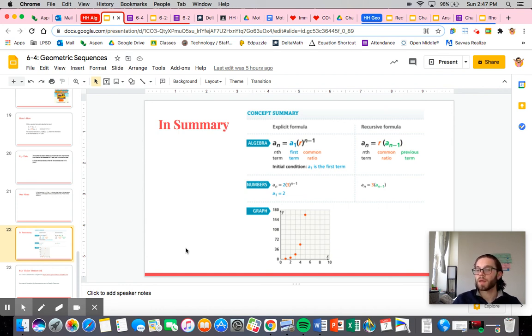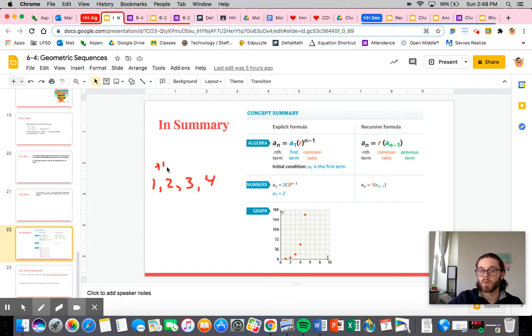So first off, what is a geometric sequence? Well, a geometric sequence is a sequence, which again, is just some ordered list of numbers, where each term differs by a common ratio. As opposed to before with an arithmetic sequence, where we were saying like 1, 2, 3, 4, right?